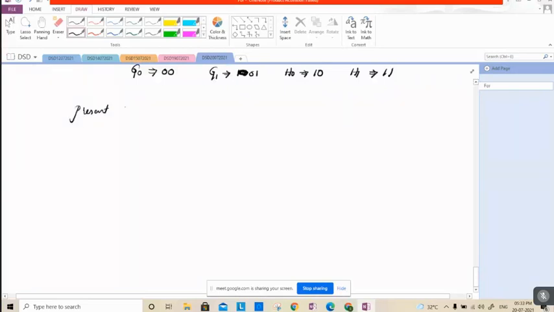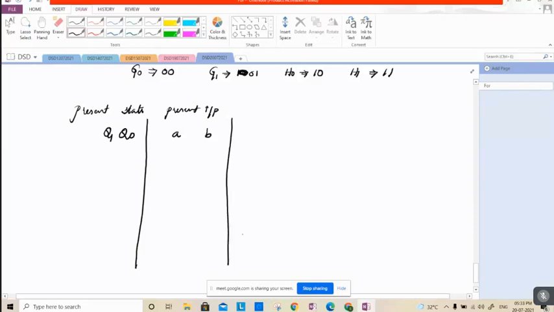Now, the present state, let me represent it with Q1, Q0. What are the present inputs? Inputs are A and B. What is my present output? It is represented with Z. What are my next state values?